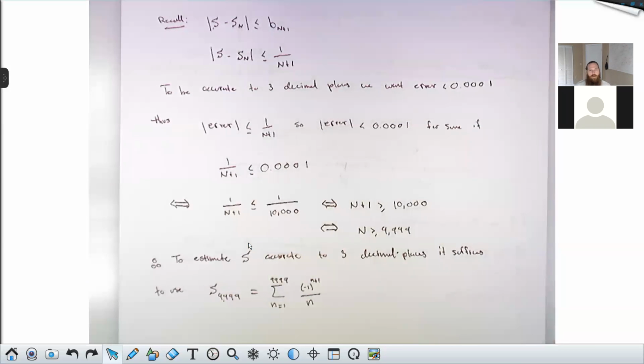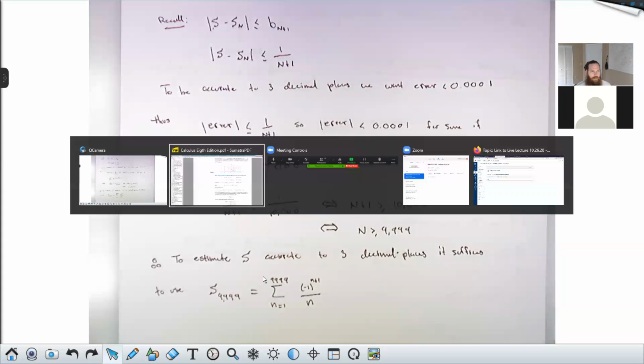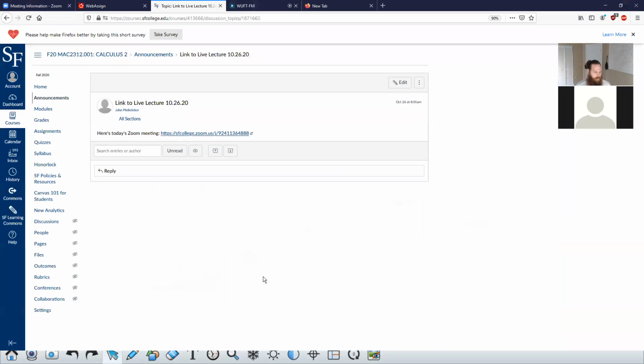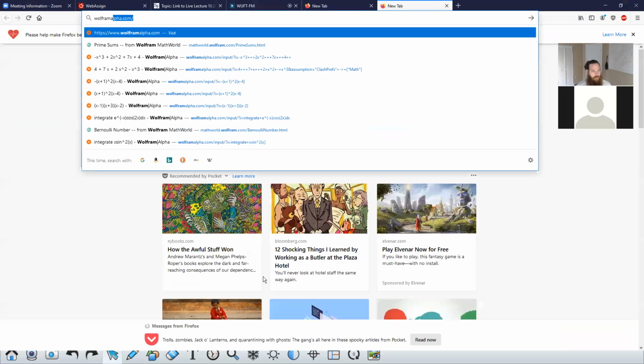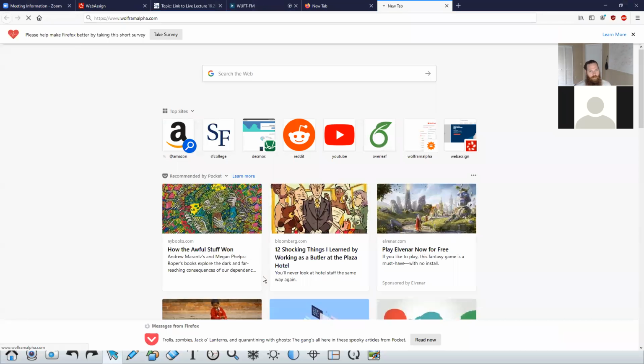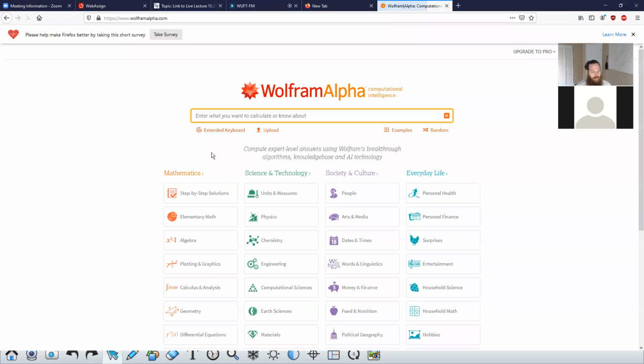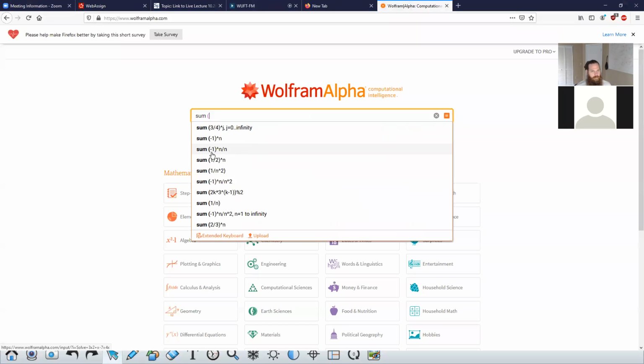Now this might not sound like a very useful thing because writing out the first 9,999 terms of this series is quite a lot, but it is something we can compute exactly because it's finite.